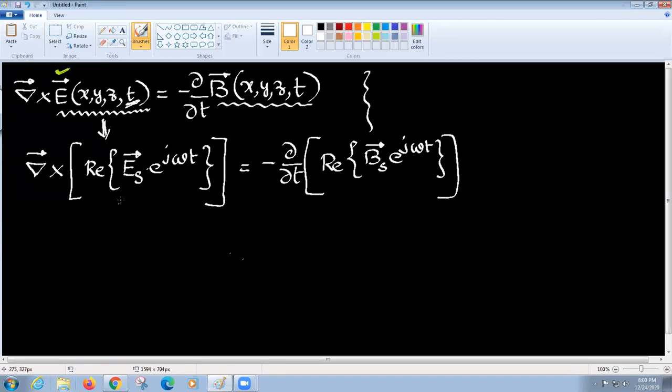Now you tell me, can I say that this curl operates only on space, or this nabla, whatever nabla you have, operates only on space, not on time? Why? Because this nabla, or delta, is simply a vector differential operator.